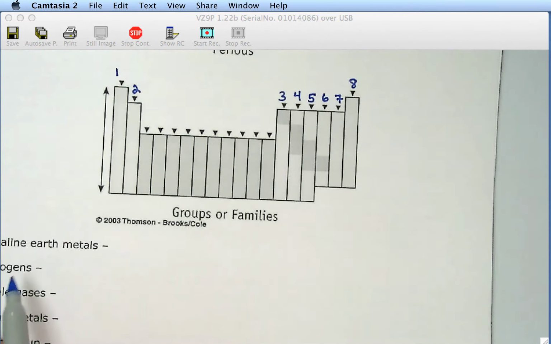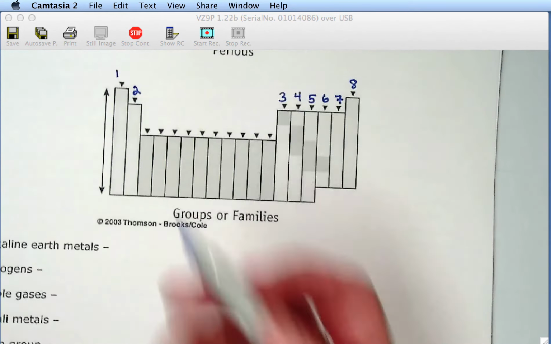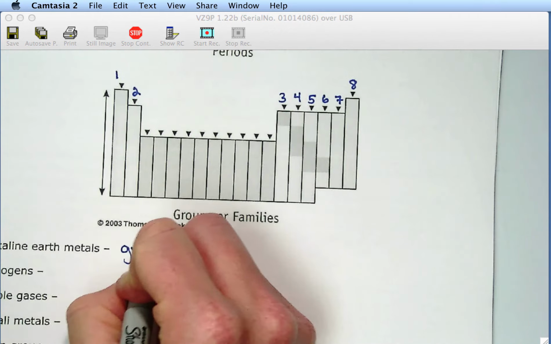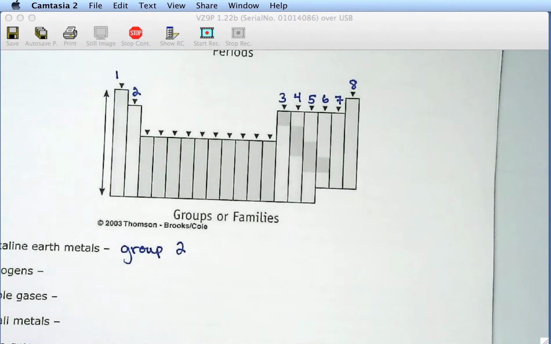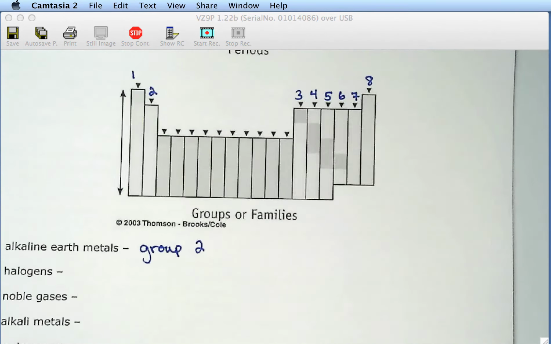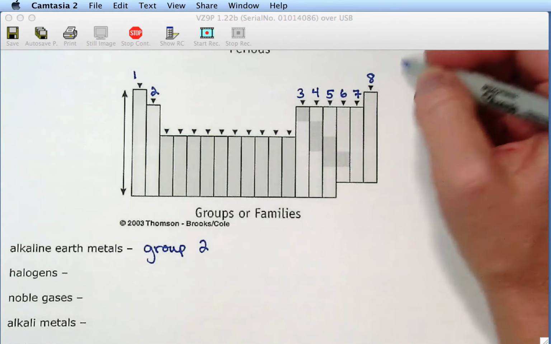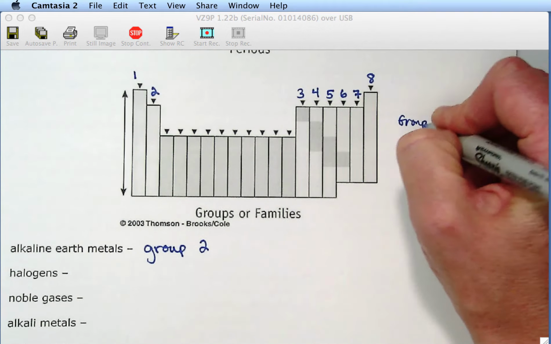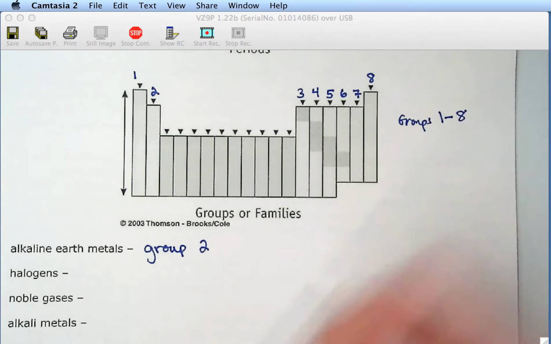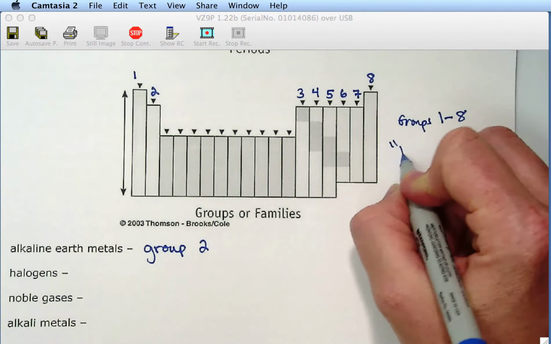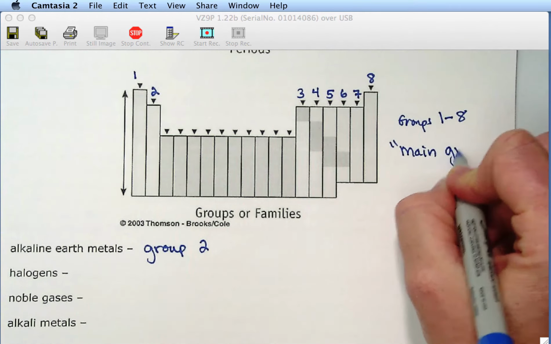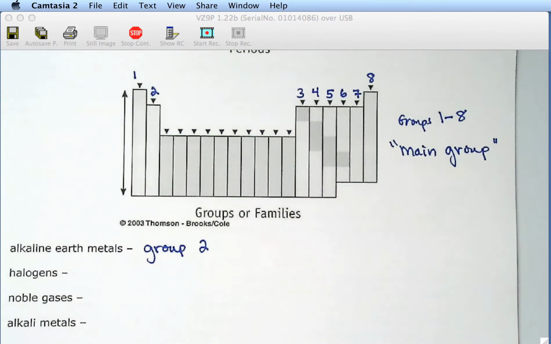So alkaline earth metals is group 2. Oh, and by the way, all of these that I just numbered, groups 1 through 8 are considered main group elements.